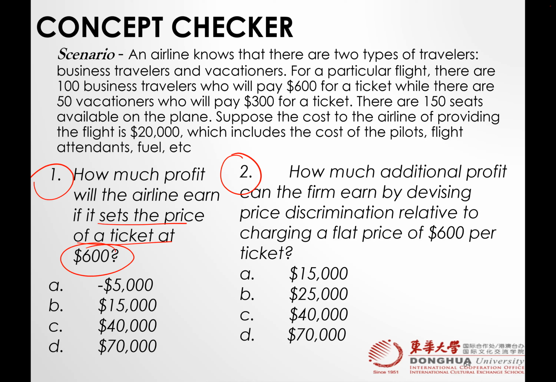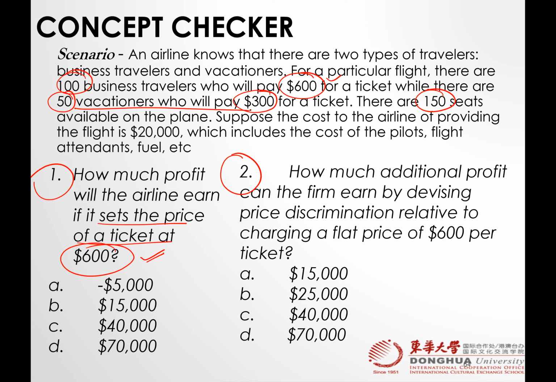So let's talk about this. There are 150 seats in a plane. One hundred are business travelers who are ready to pay 600. Since you set the price at 600, the 50 vacationers cannot afford the 600 tickets, so they will be left out.